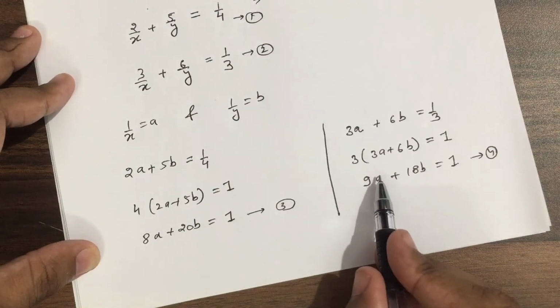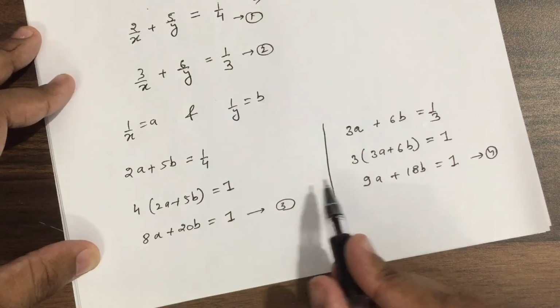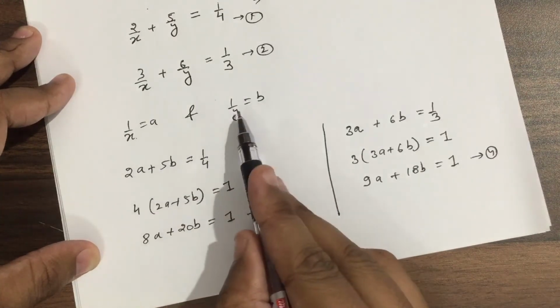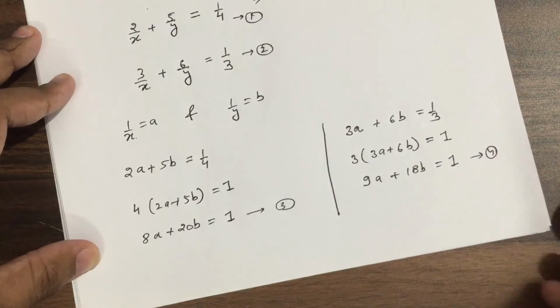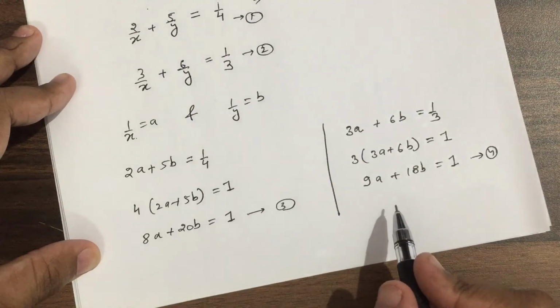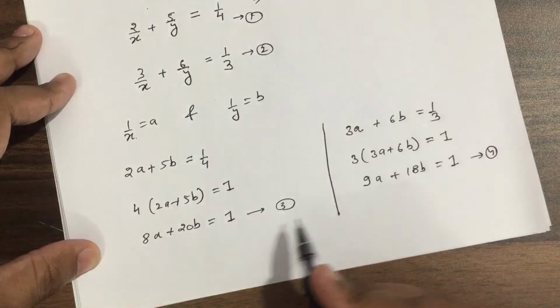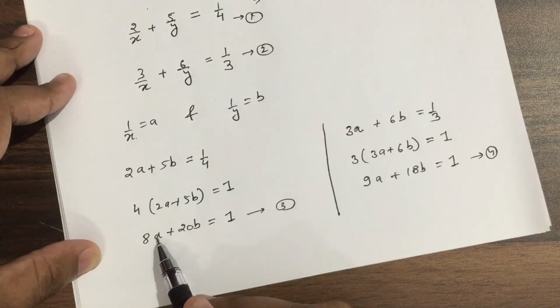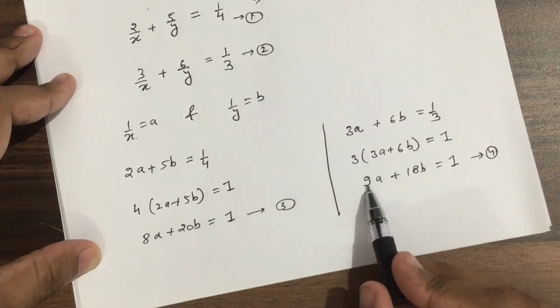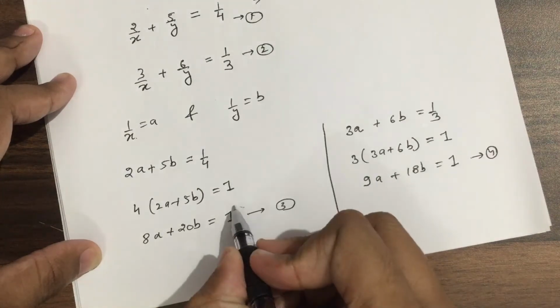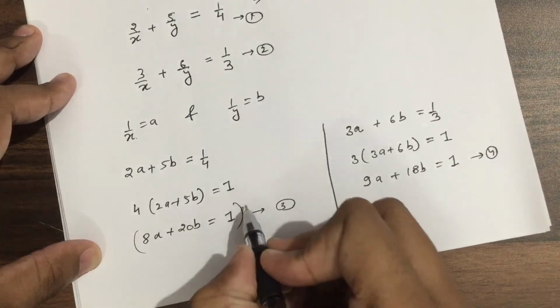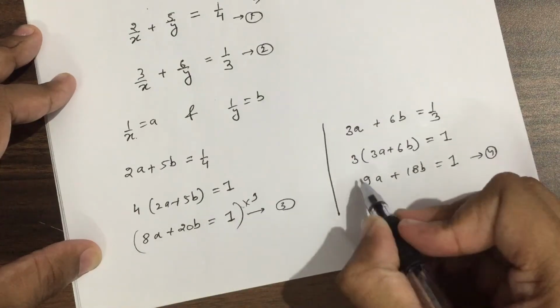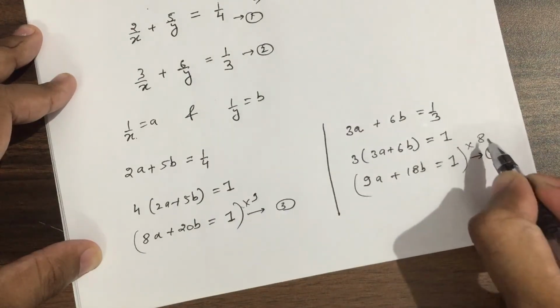Now we will solve them, find the value of a and b, and from that we will find value of x and y. ठीक है. So now what we will do, here the coefficient of a is 8, here it is 9. So let us make the coefficient of a equal. So we will multiply this with 9 and multiply this equation with 8.